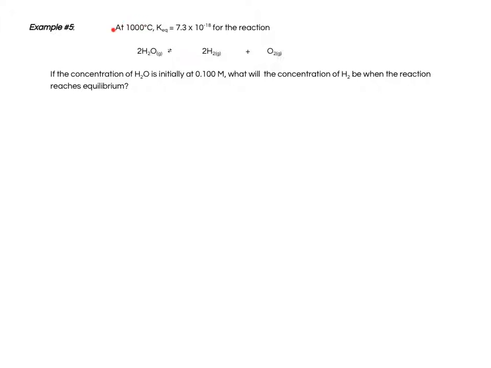So at 1,000 degrees Celsius, KEQ is 7.3 times 10 to the negative 18 for this reaction here. So one thing that I'm noticing right away, and I'm going to keep this in mind, I'm just going to write it up here, is that this is a small value. This is a very small value. So why do we care about that? Well, it may come into play as an important aspect of our question.